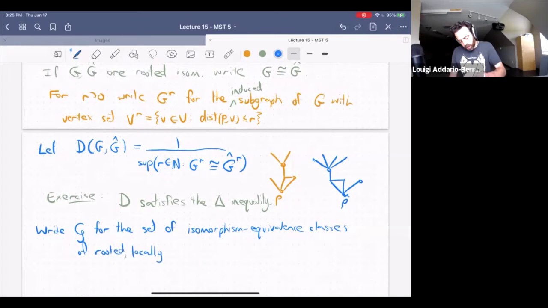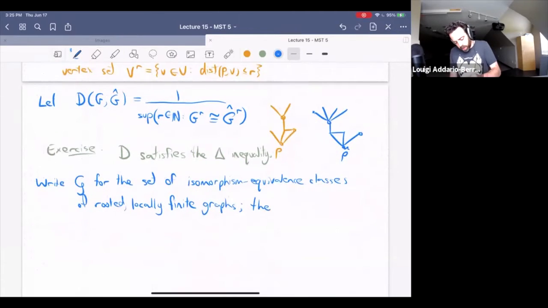I'll use the phrase locally finite to mean that all the degrees are finite. And so with that definition, the pair G with this distance D forms a complete separable metric space.